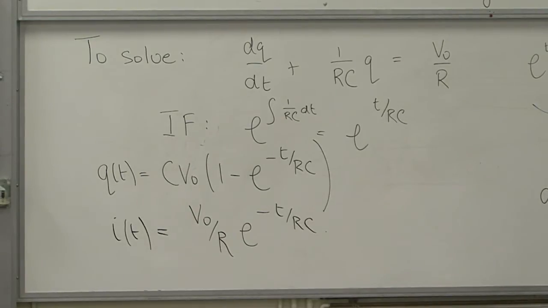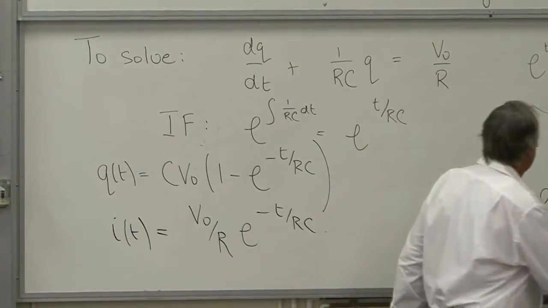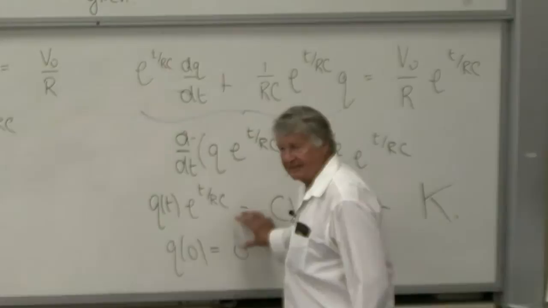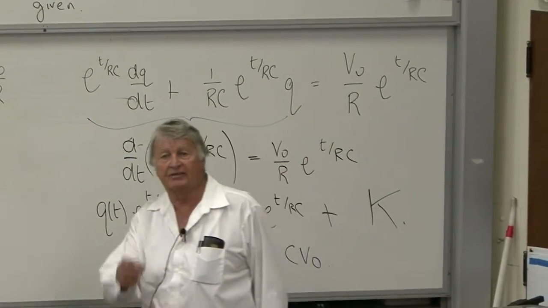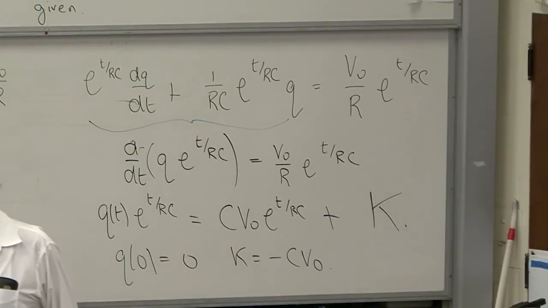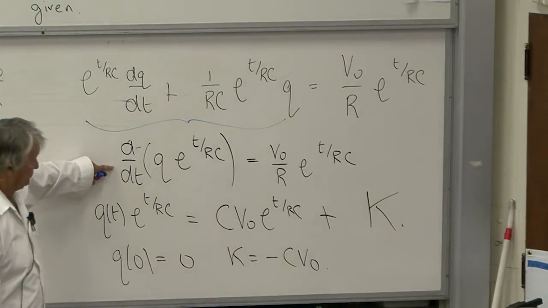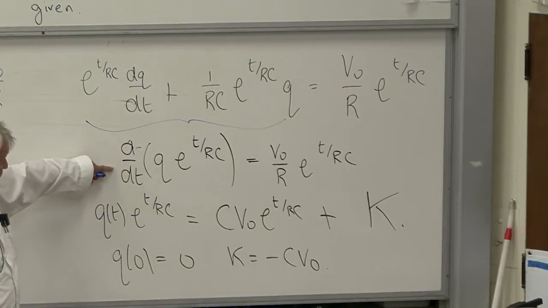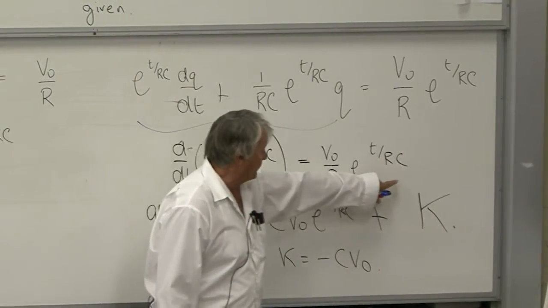Let's draw the graphs. Before I draw the graphs, was this clear? Solving the first order equation, yes. If you go to the line where you have the K and go up one line, you integrated both sides with respect to t, right? Yes. What happened to the right side? The right-hand side, I integrated this with respect to t.